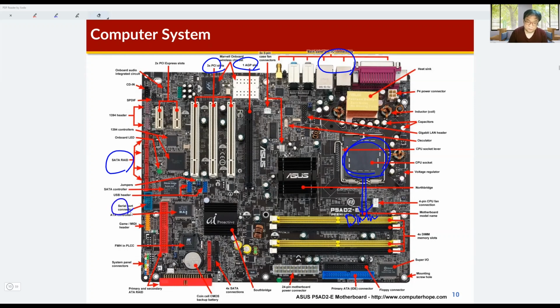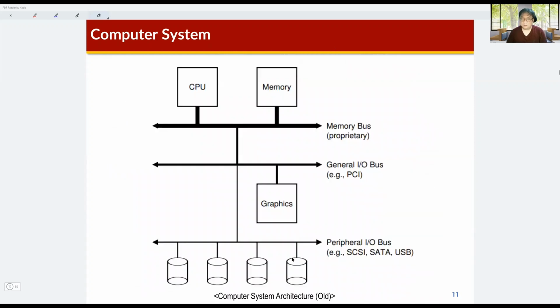There's a serial connector, and you can find so many I/O ports in the computer system. So in the entire computer system, the processor is connected to many different kinds of I/O devices via some interconnection network, or communication channels.